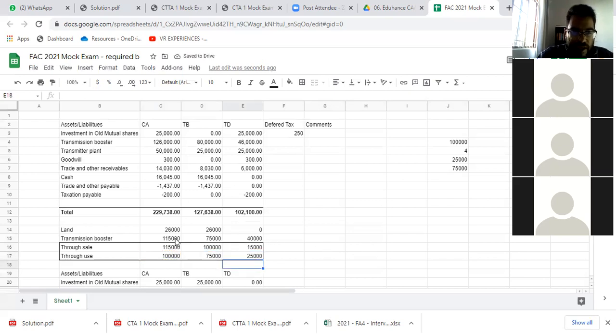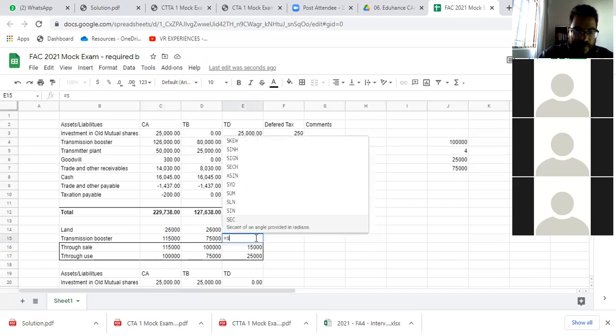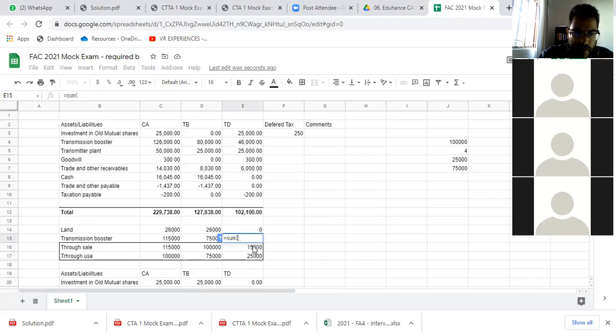As you can see, if I just add this up over here, what you ultimately want is that this total needs to add up to your carrying amount versus tax base. Carrying amount 115,000, tax base 75, which gives us 40.